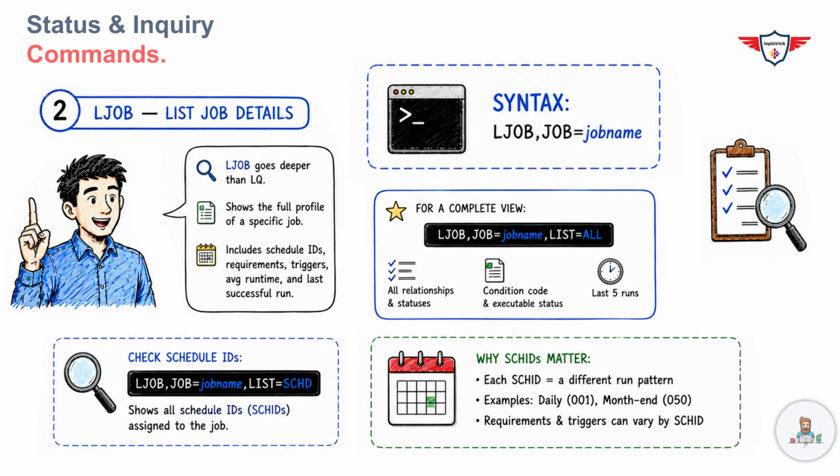You should not get confused between schedule data request, that is SCHD, and schedule identifier, that is SCHID, because these are two different parameters that can be used with LJOB as per your requirement, in case you want to deep dive and see what exactly the schedule is for a specific job.